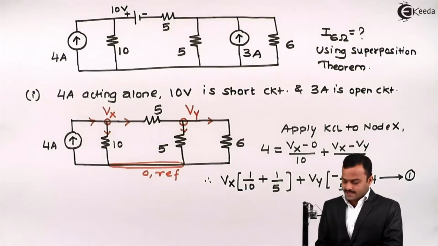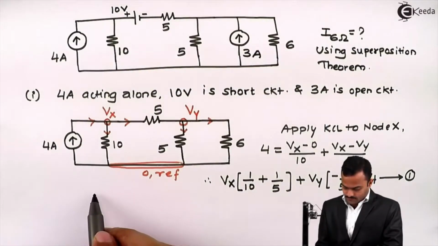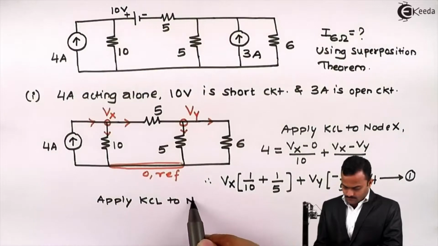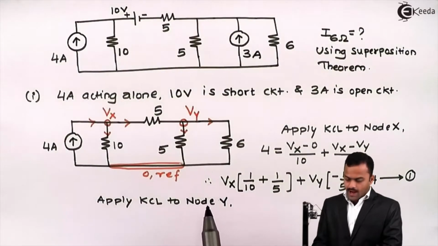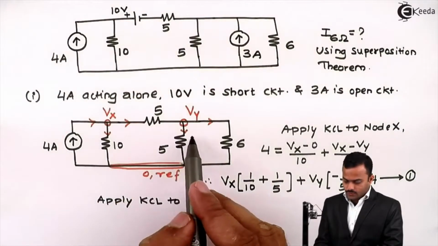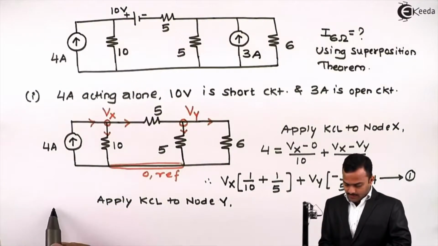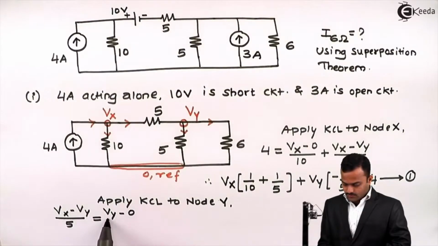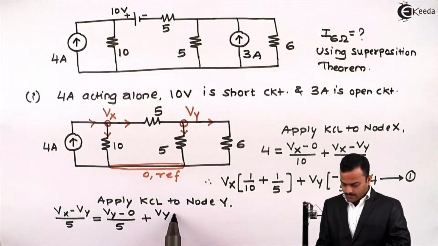Similarly, I can apply KCL to node Y. At Y, one incoming current and two outgoing currents. The incoming current is (Vx minus Vy)/5, equal to the outgoing currents, (Vy minus 0)/5 plus (Vy minus 0)/6.